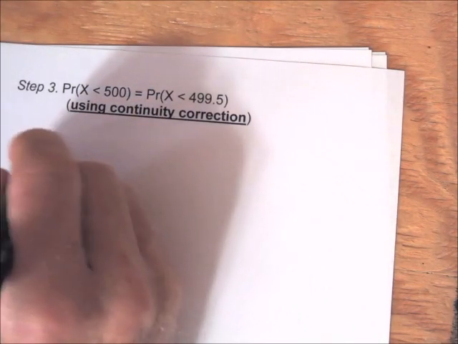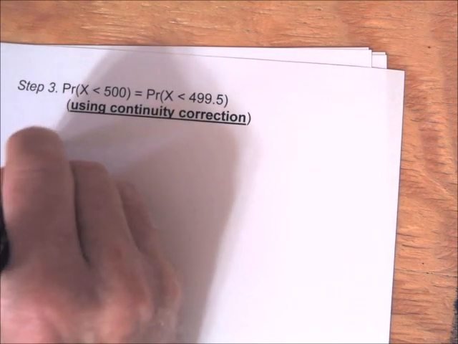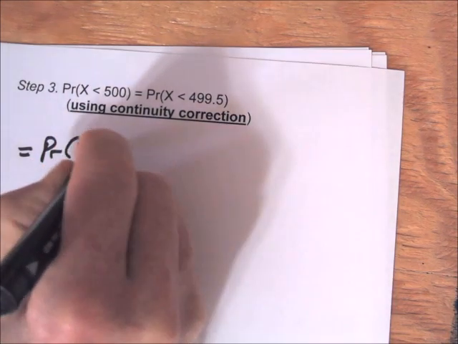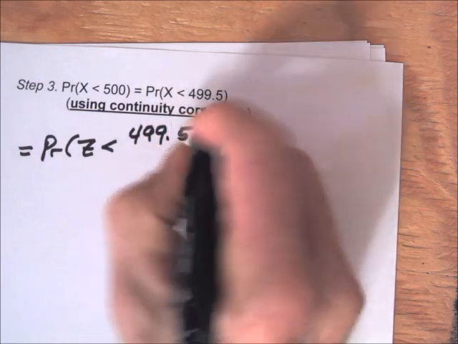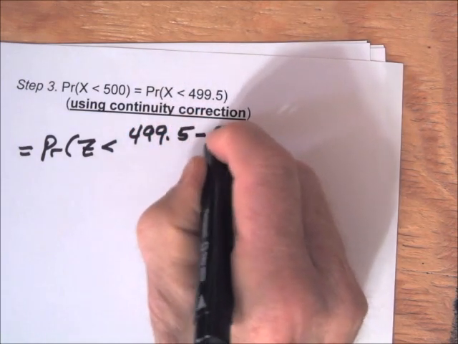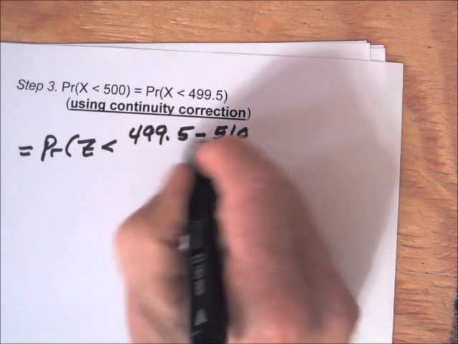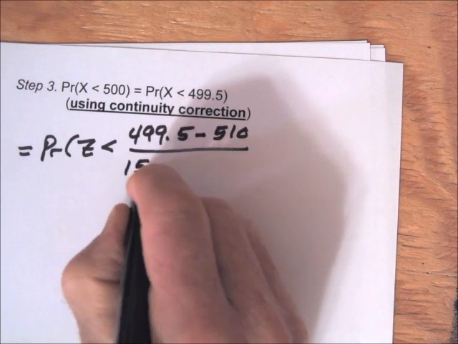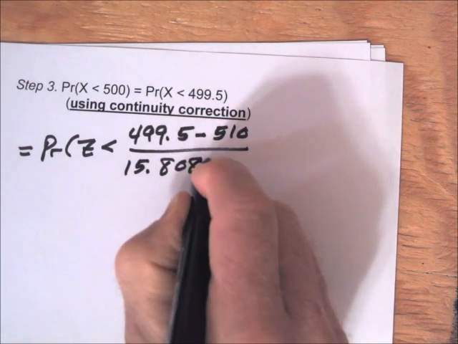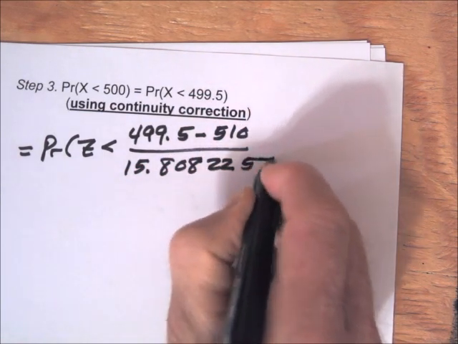and then we convert it into a z-score by subtracting the mean and dividing by the standard deviation. So the mean of this binomial is 510, and the standard deviation is 15.80822571.